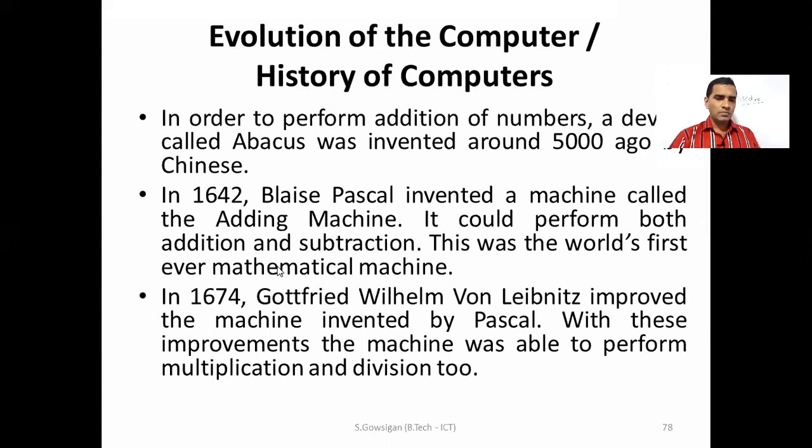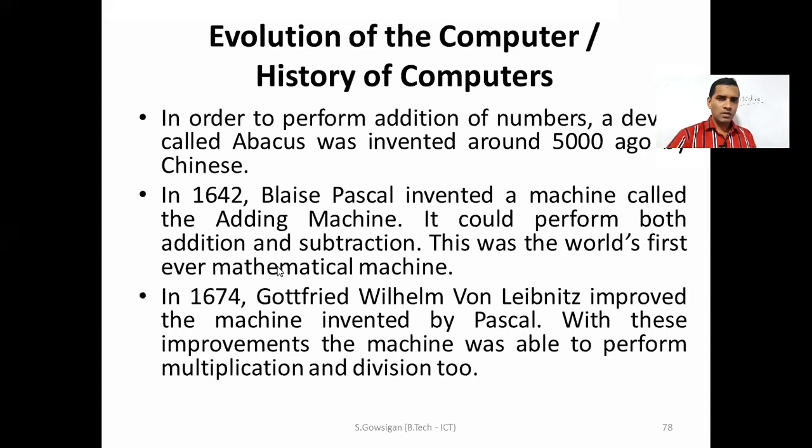But when it comes to basic arithmetic operations, there may be more than these two. Addition and subtraction are a must, and multiplication and division are also basic mathematical operations. Since Pascaline was able to perform only two things, they wanted to modify it.